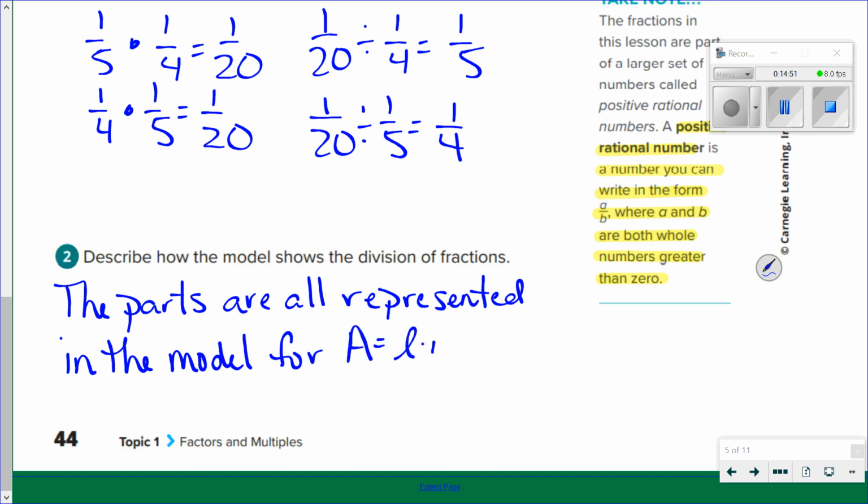Area equals length times width. And once I have that basis, that gives me my multiplication facts to be starting to be able to rewrite them as division. So we have the multiplication and division families. Does that make sense to everybody? So leave that up there for a second so you can copy. You should have this written down in your module. If it's written on the board, you should have it in your module.